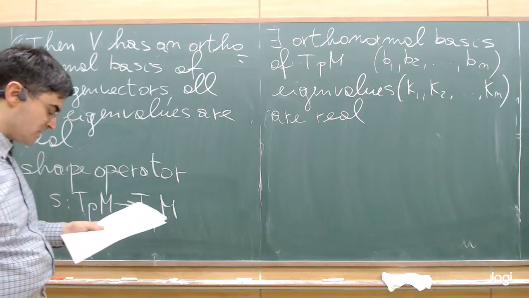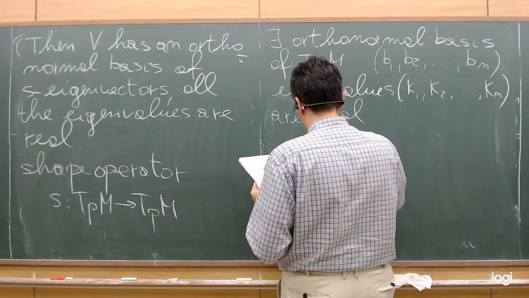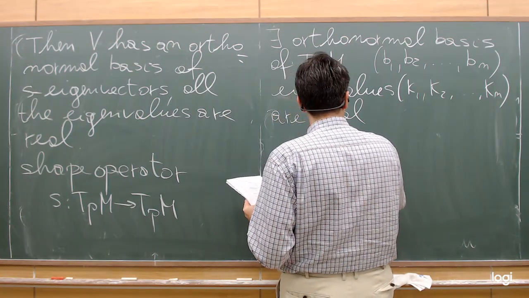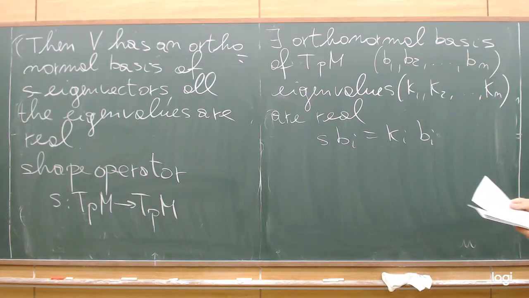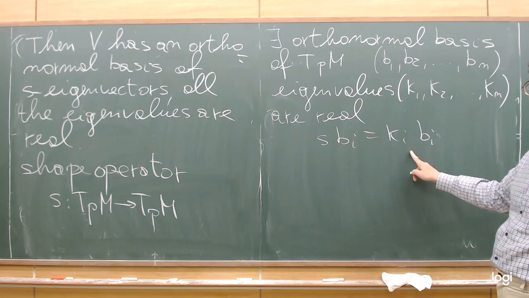And this means that S Bi is Ki Bi. Of course, here I'm not using the Einstein convention.